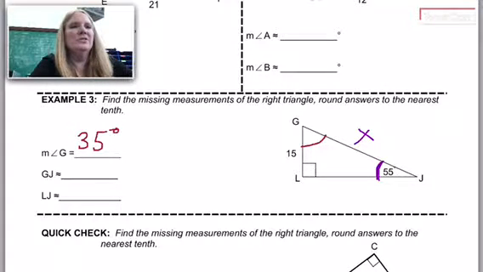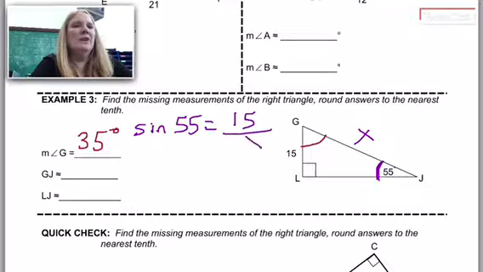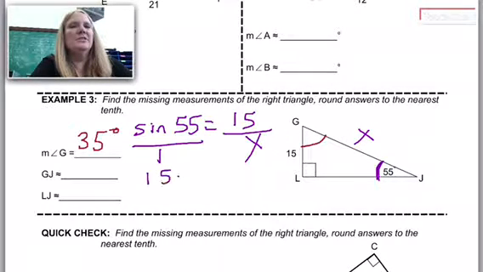And so I'm going to use the sine of 55 equals the opposite over the hypotenuse. Cross multiply, I get 15 equals X times the sine of 55.